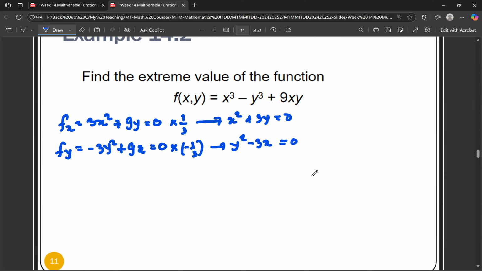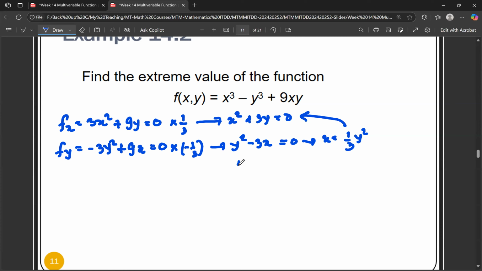And yeah, we can substitute x into the first. We have that x will be 1 over 3 y squared. So we substitute this into the first equation.